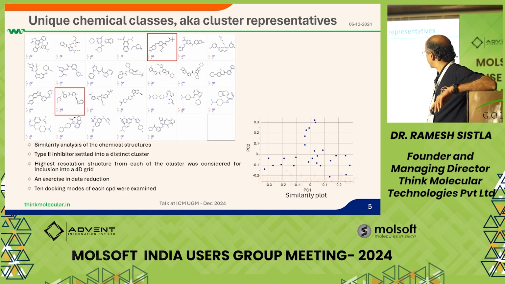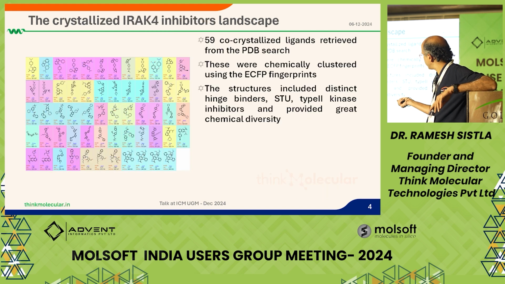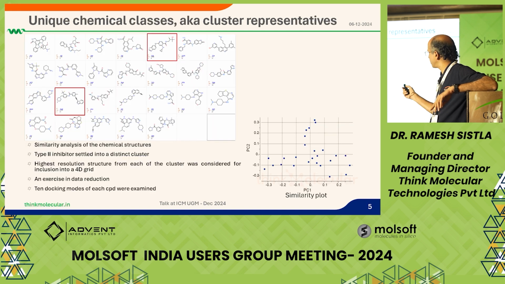Next, there are about 30 odd clusters, or around 25-26 clusters, I think. From each of these clusters, I chose the highest resolution structure. That is what was going to constitute my 4D grid.